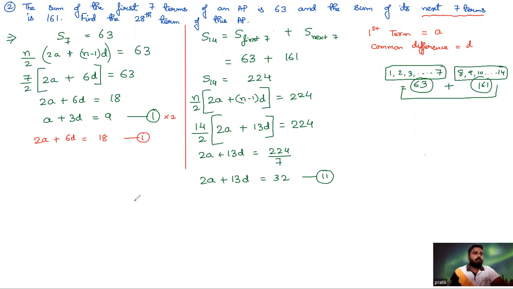So now 2a plus 6d is equal to 18; we are solving equation 1 and equation 2. This is 2a plus 13d is equal to 32.